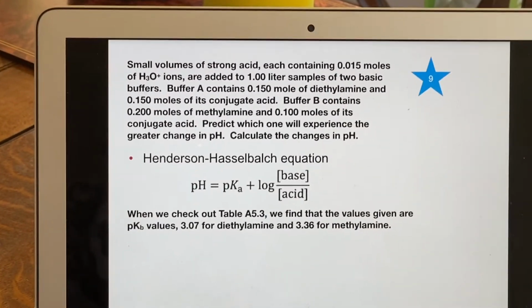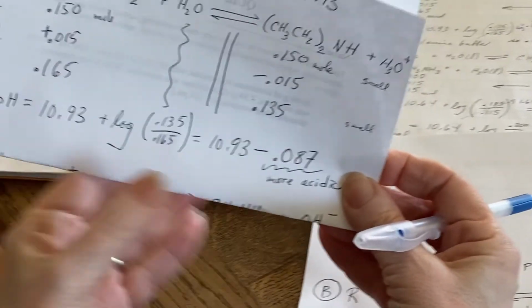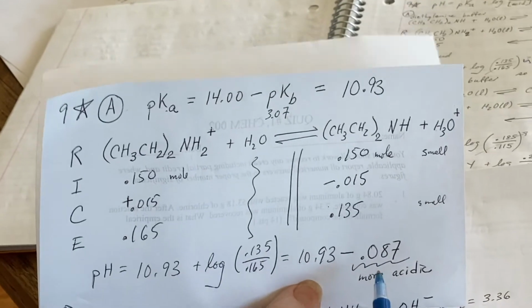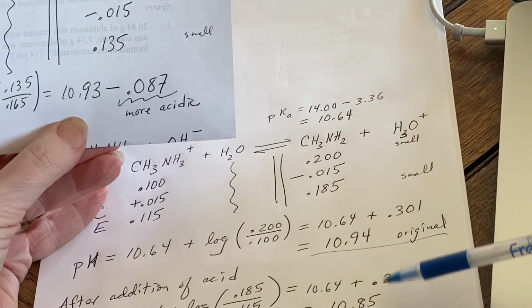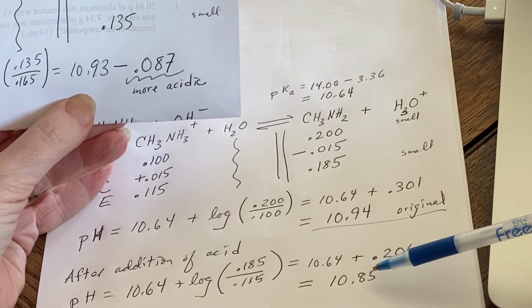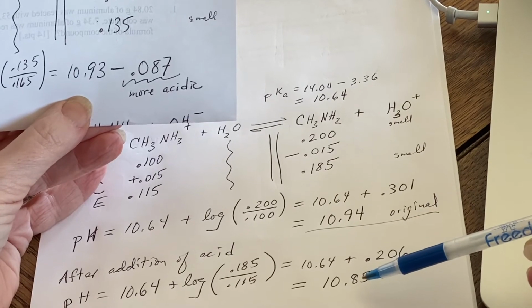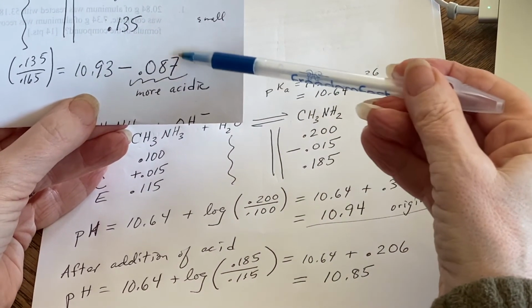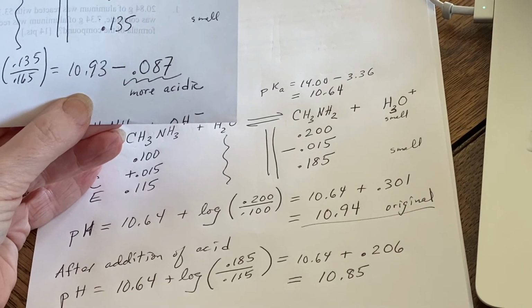Now, if we look back at A, we saw that it also got more acidic, right? But the change in the amount of acid here is different.